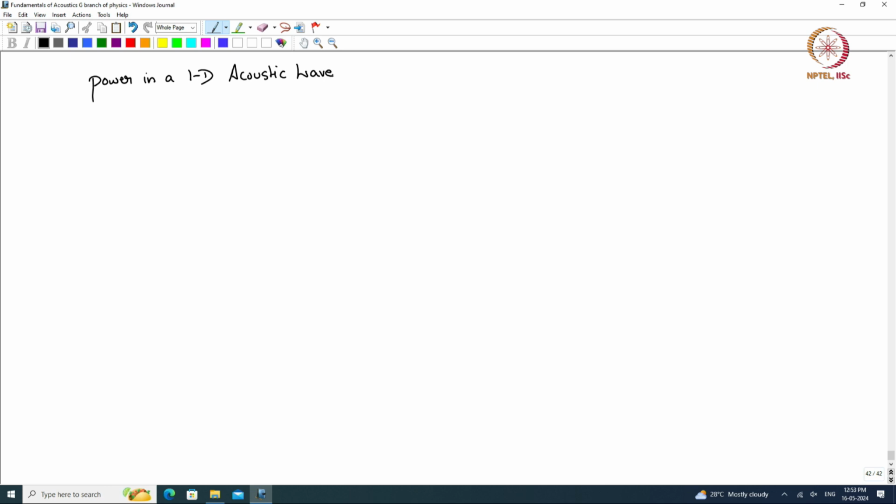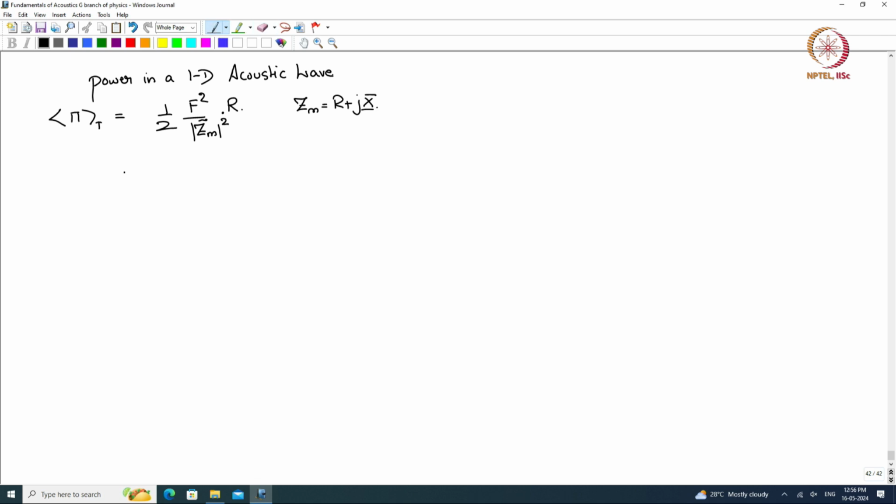Earlier we saw that the time averaged power in a spring mass damper is something like 1/2 F squared over the magnitude of Z mechanical squared, into R, where Z mechanical was given by R plus jX.